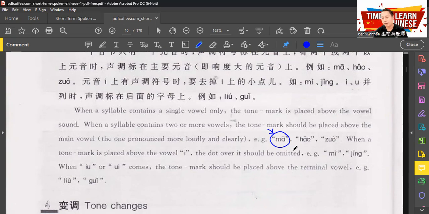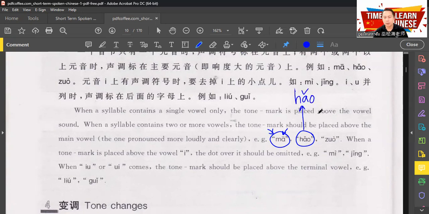We just mark the tone on a. This one is the first tone. We will say mā, mā. Okay. For the second example, we will write h, a, o.